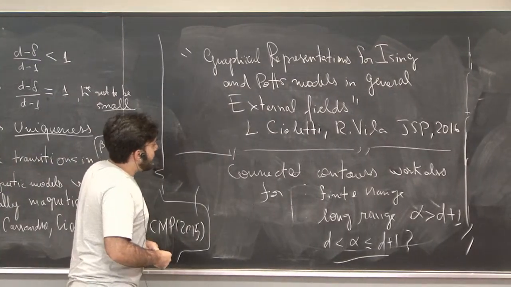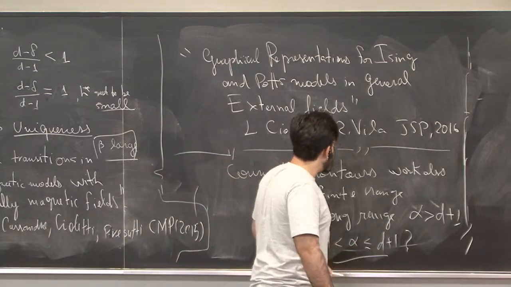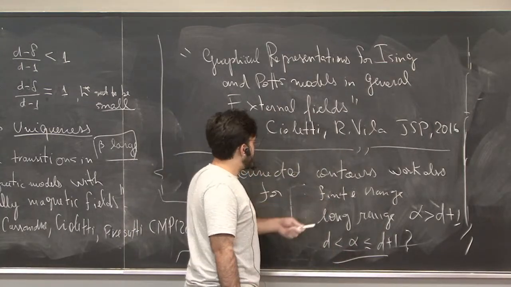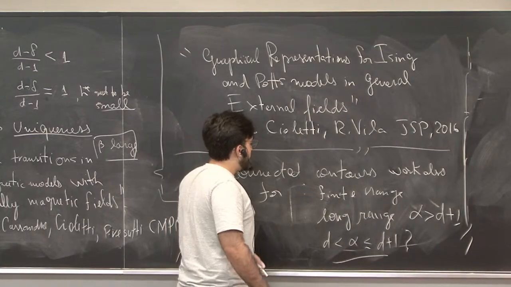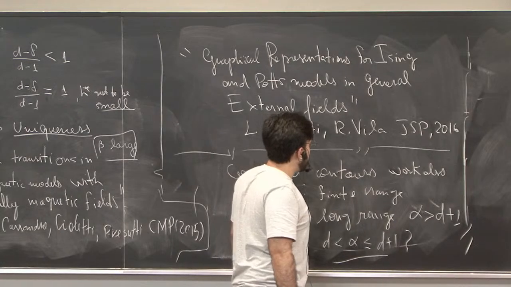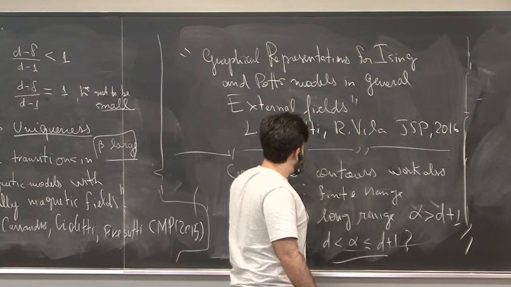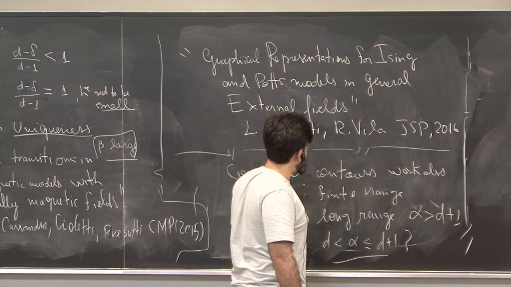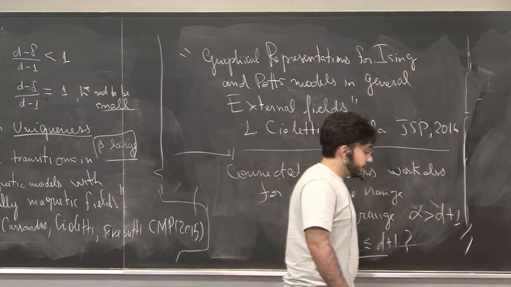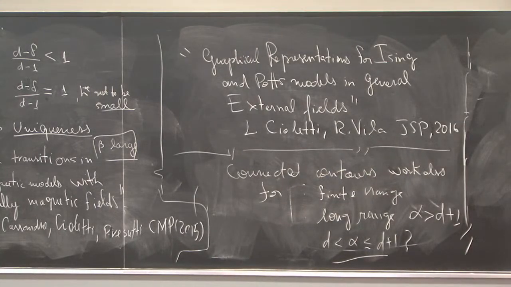And the problem is that since the interaction is long range, different from the case of finite range, when you take connected components that are sufficiently far apart, the points will not see each other. But in the case of a long range interaction, it's not important that you are taking something at a distance.